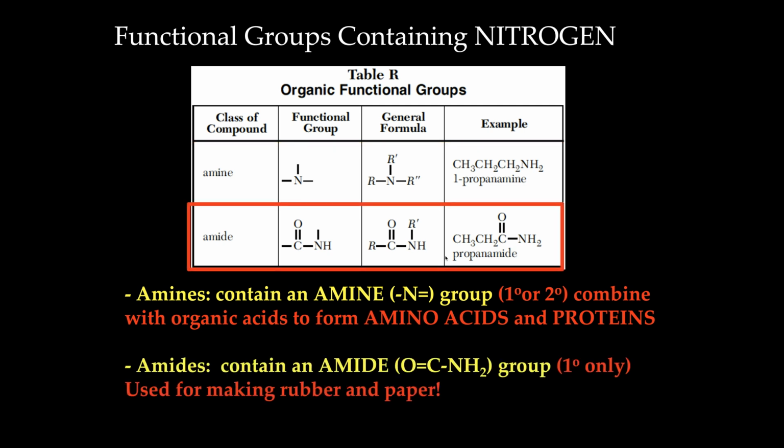Amides contain this amide group at the end of the molecule. And we use amines for making amino acids, and those are used for making proteins. And amides are used for making rubber and paper. So let's look at amines first. First, we have methanamine, which is a single carbon with the amine group bonded to it.